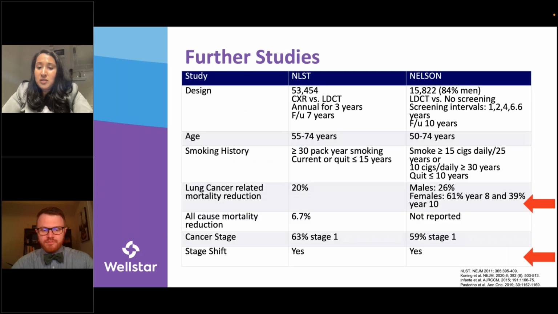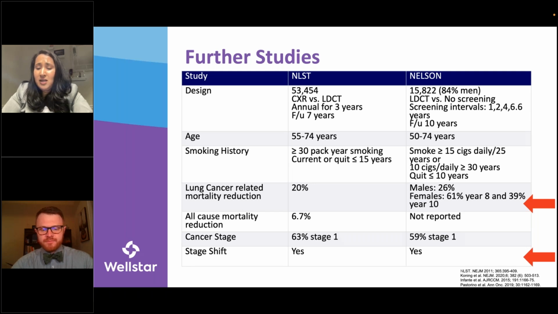They also reduced the smoking history for the patients, to more than 15 cigarettes a day over 25 years, or 10 cigarettes a day for more than 30 years. They reduced the quit years to less than 10, and similar to the NLST trial, they noticed a lung cancer mortality reduction and a stage shift, capturing the early stage 1 patients.